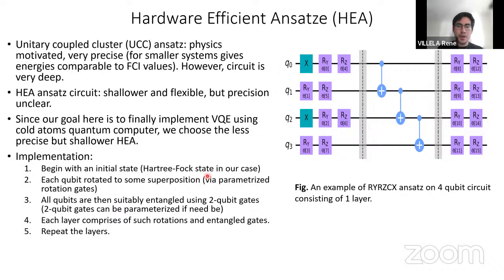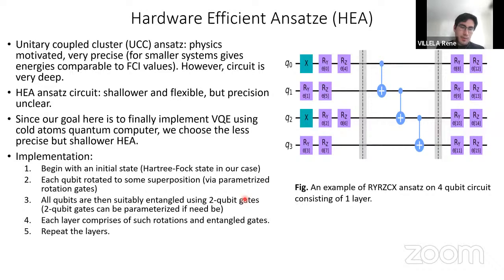So after we prepare the Hartree-Fock state, we rotate the qubits to a given superposition, and these rotation angles become the parameters in this case. And then all the qubits are entangled using 2 qubit gates. They can be entangled in other ways, but for now, the easiest way to do it experimentally is just using 2 qubit gates.